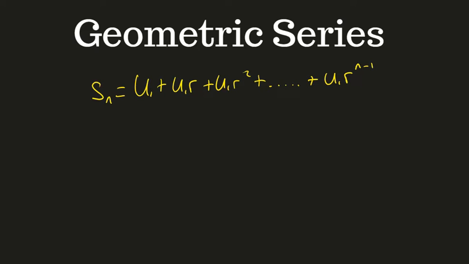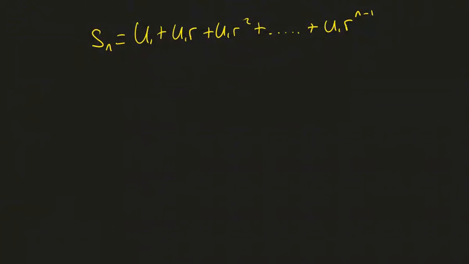Now, that's our general idea of what a geometric series is. So let's now see if we can derive a nice formula that we can use to help us with this. To do that, we'll start by multiplying both sides by r, but we'll write this in a very particular way on the right-hand side.